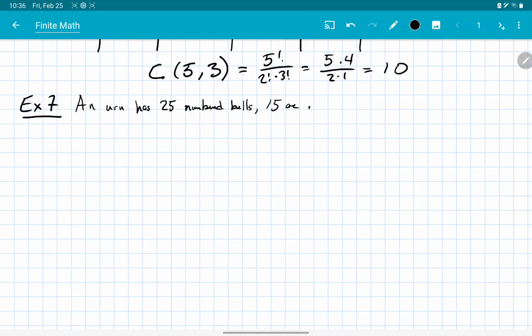15 are red, 10 are white, and we choose 5. Okay, so we've got this urn, and I guess I need to draw an urn.